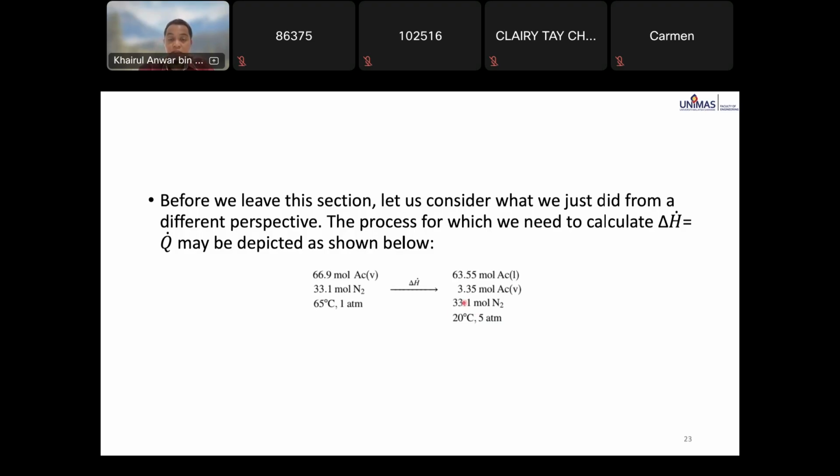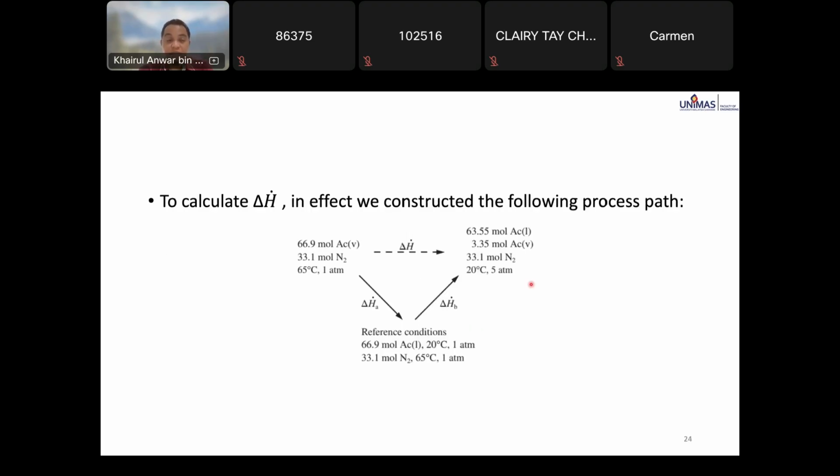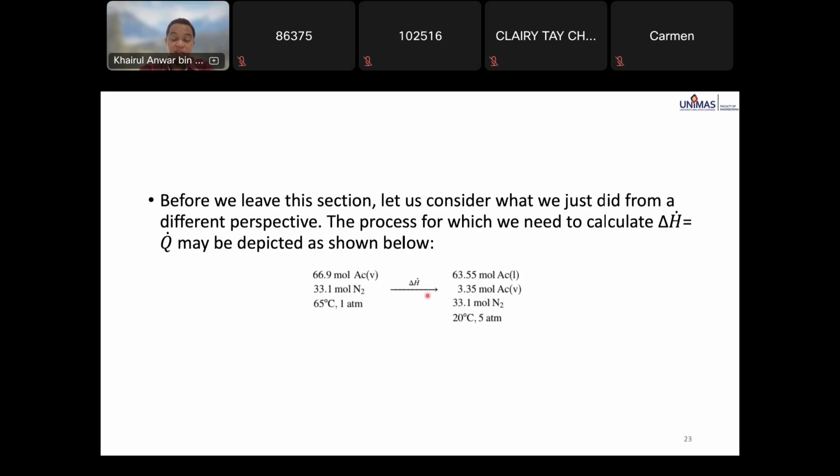From here to here. In effect, we can construct the following process path. This is the process path that we do to calculate this.